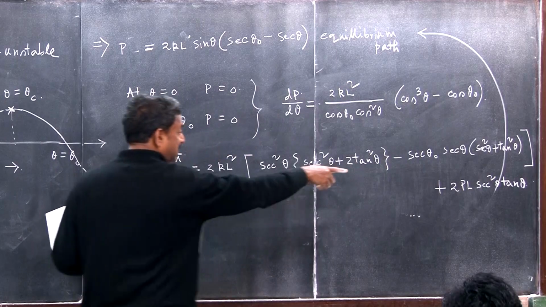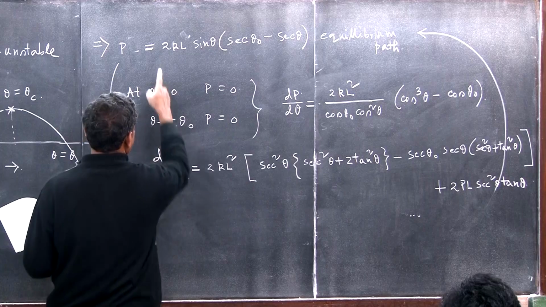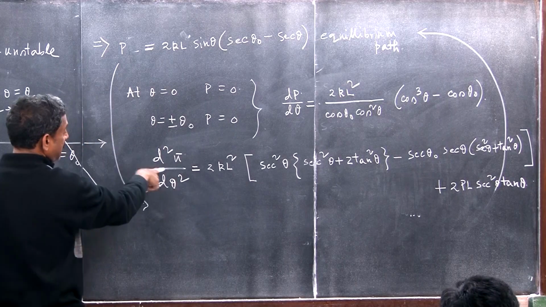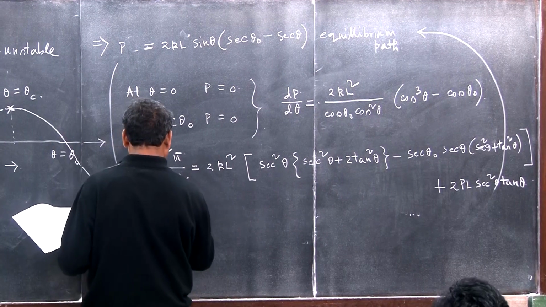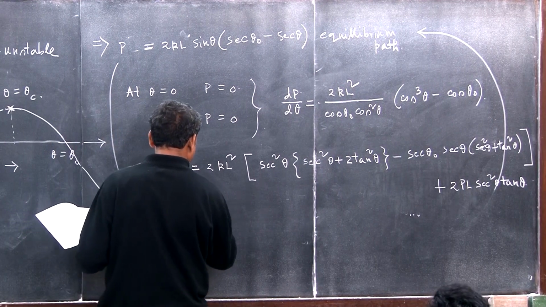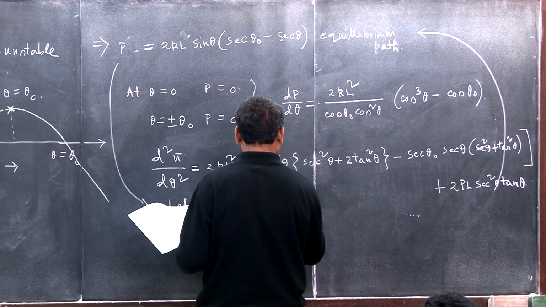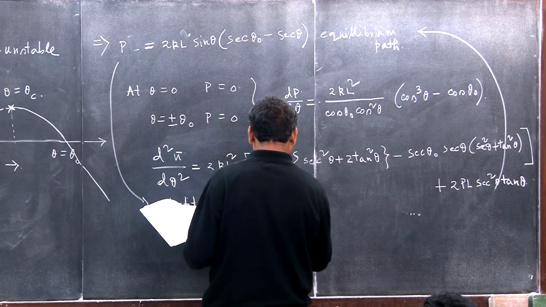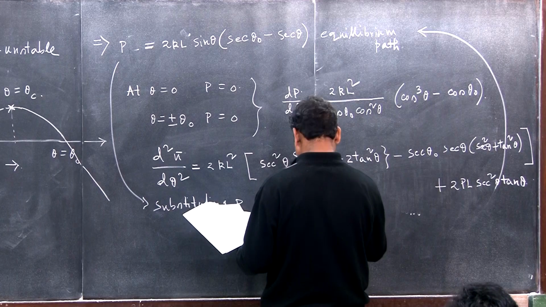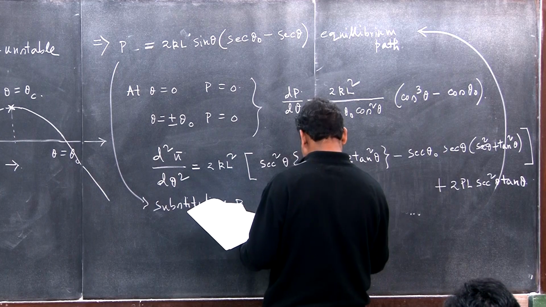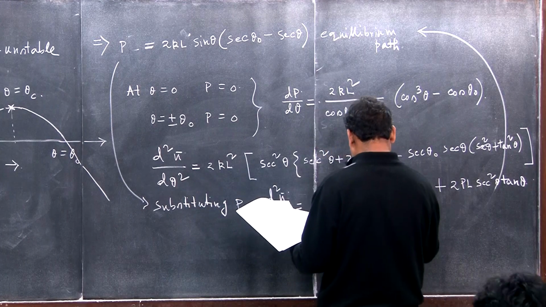Now what is p for the equilibrium path? What was p? P was this. So substituting p equilibrium in d2 pi d theta 2, the way we find out, substituting p, and then if you simplify, you will get d2 pi d theta 2 as 2KL square by, that will be a relatively simpler expression, but you have to do quite a lot of manipulation.